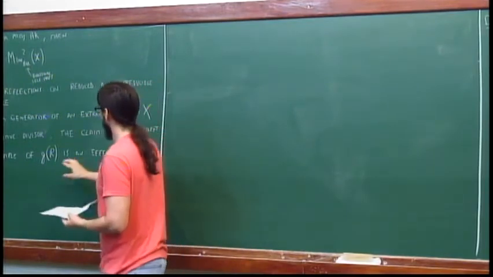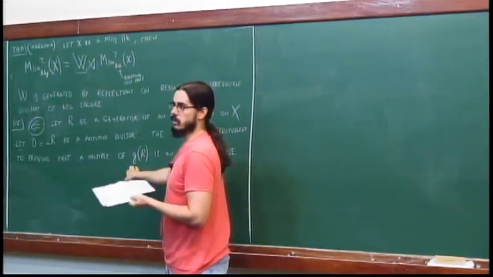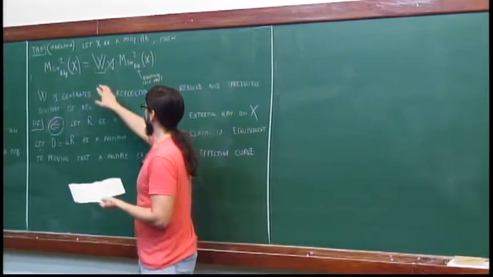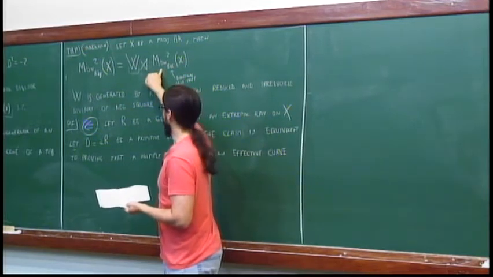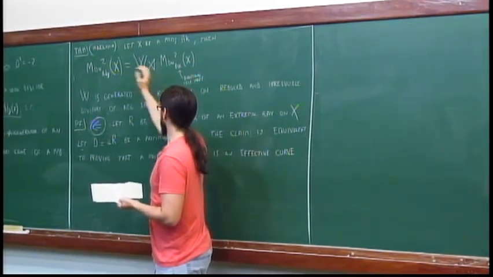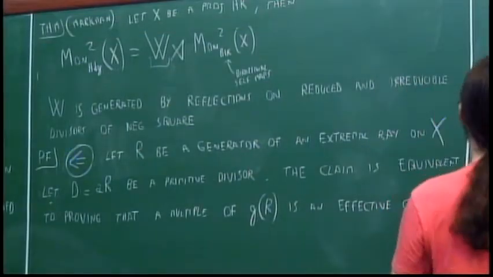So we can suppose the transformation g is as simple as possible. We try to prove that this curve is still effective.